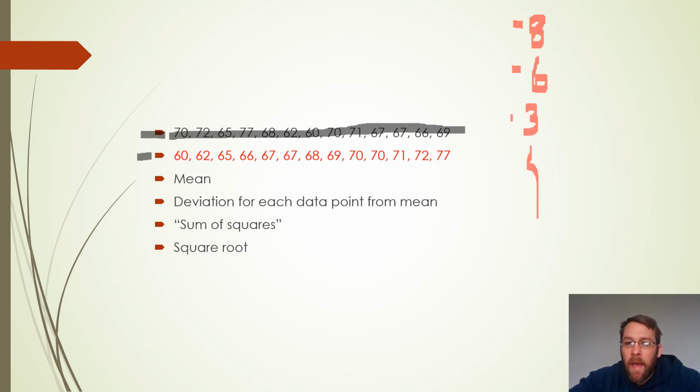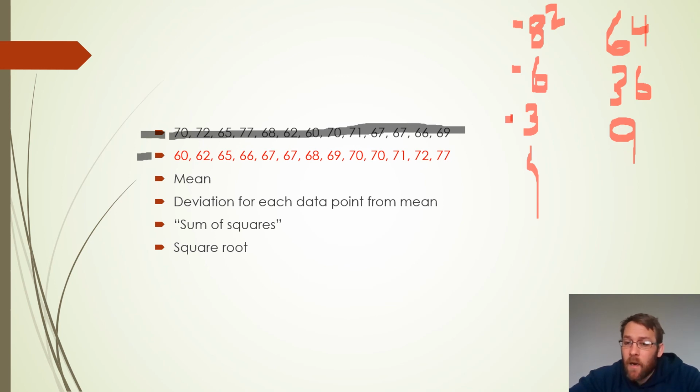So after you have all these differential scores, right? What you need to do is square every score that you have. So -8 squared is 64. -6 squared is 36. -3 squared is 9, right? And I go on and on with all 13 pieces of information, all right?